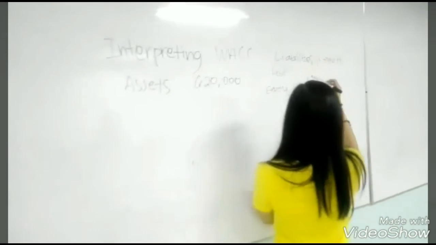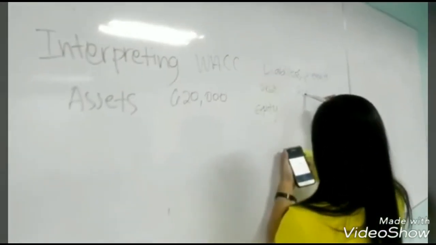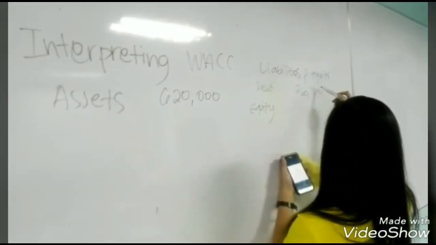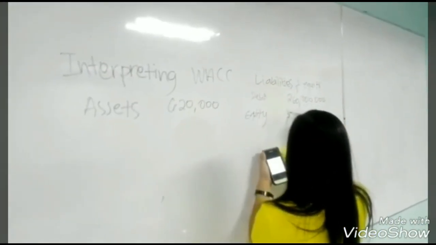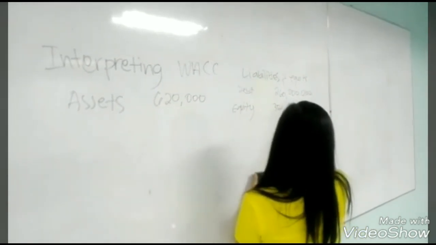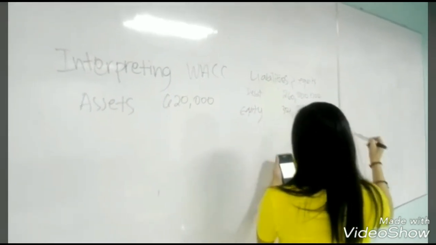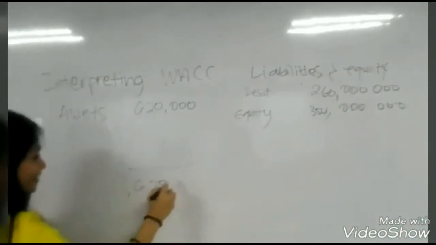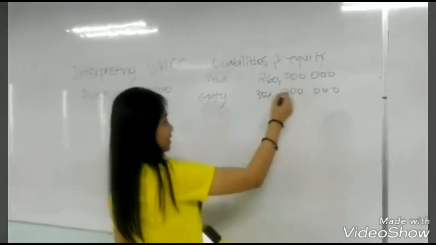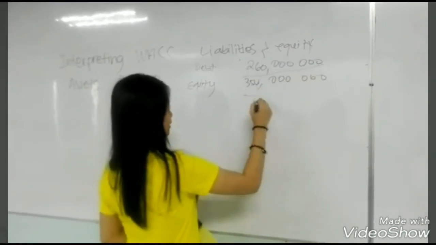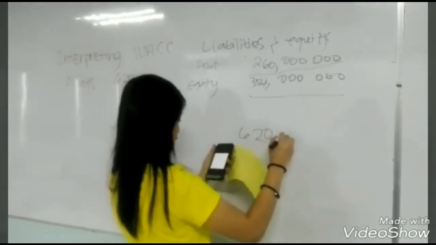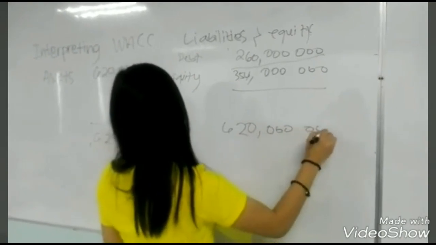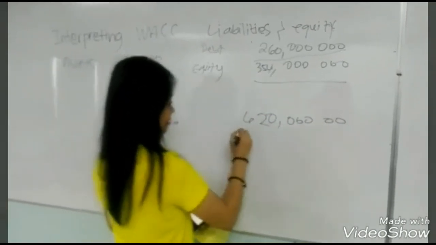The debt is 260 million and equity is 354 million. Para mag-balance lang siya, ipa-plus lang yung 260 million and 354. So, 620 million. Kulang siya. Yan, sagot.